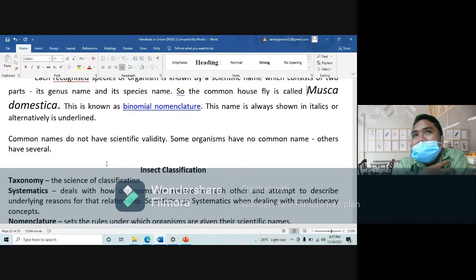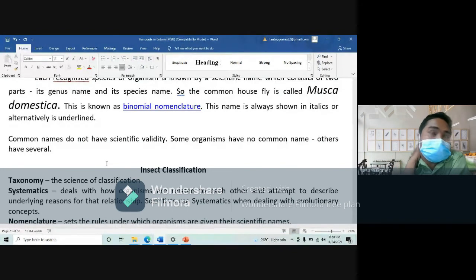As I mentioned earlier, let's say for example, grasshopper. If you are in America, most likely they will recognize it when you mention or give the example that it is a grasshopper. But if you go to Latin America, Europe, or Africa for example, they will not recognize what you are naming unless you collect or pick that insect and tell them this is a grasshopper.